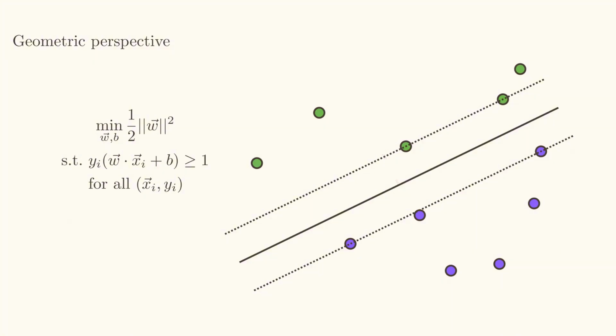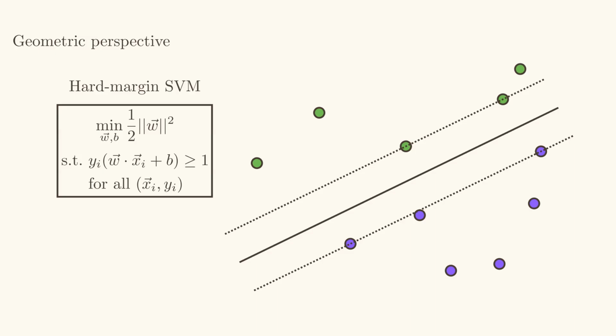With this, we have ended up with a constraint minimization problem describing how an SVM classifier is fitted to a training set. This minimization problem is called the hard margin SVM. Hard margin because the classification border and the margin zone do not have to make any compromises and can keep the classes perfectly separated.